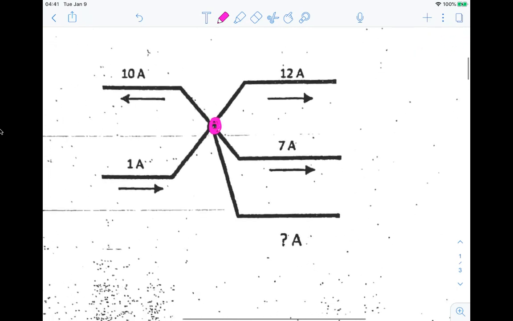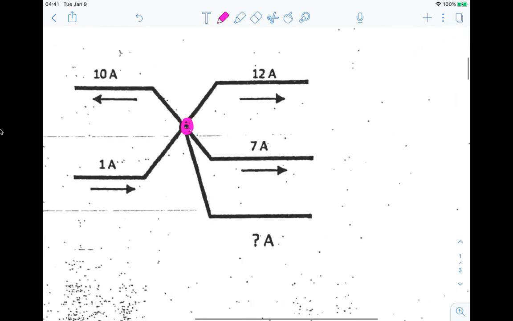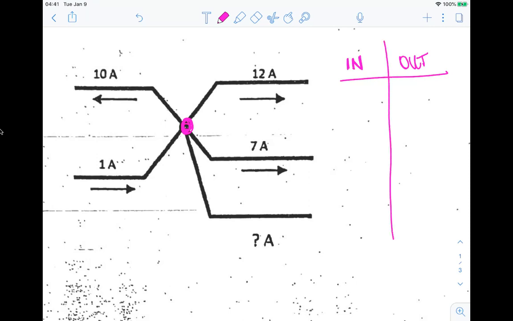For this picture right here, the only difference is that we have more numbers to work with, but it's the same exact concept. We have the amount of current going in and the amount of current coming out. The only arrow going in is this one right here, this 1, so I have 1 ampere going into my junction.